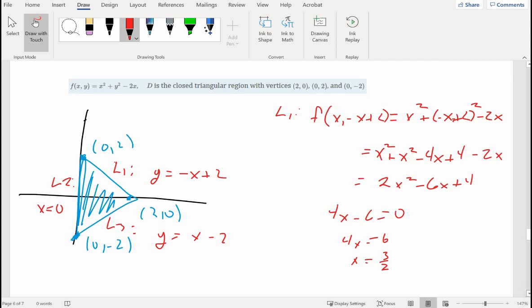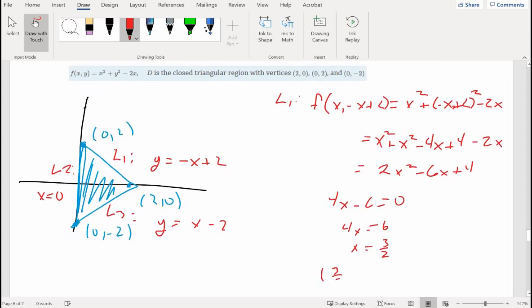So that would be at the point 3/2, and then the y coordinate would be what? Hold on, I need to grab my calculator, make sure. Oh yeah, because it's along that line, so 1.5, so that'd be 1/2. And we want to evaluate our function at that point.